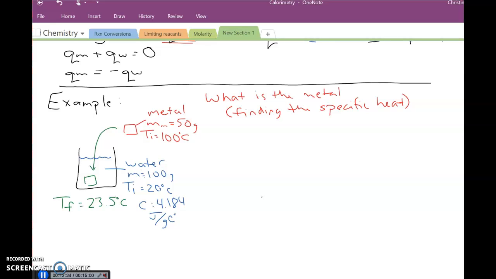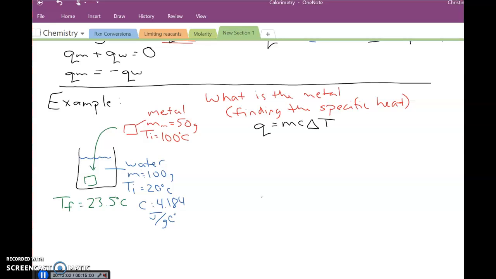First, we are going to use our Q equals MC change in T. Now we have a lot of information here that we're going to be working with.